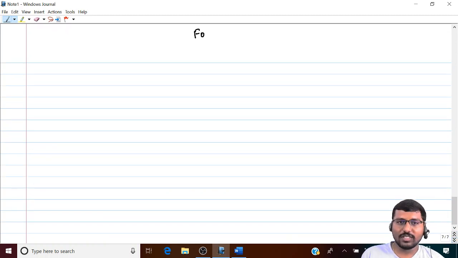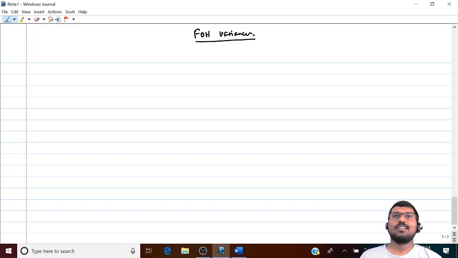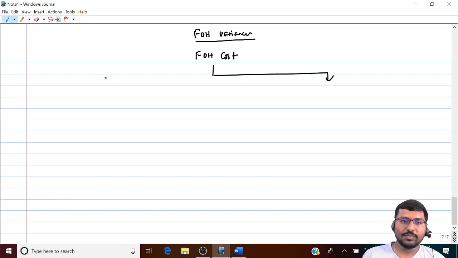Fixed overhead variances. Fixed overhead cost variance will be divided into two.